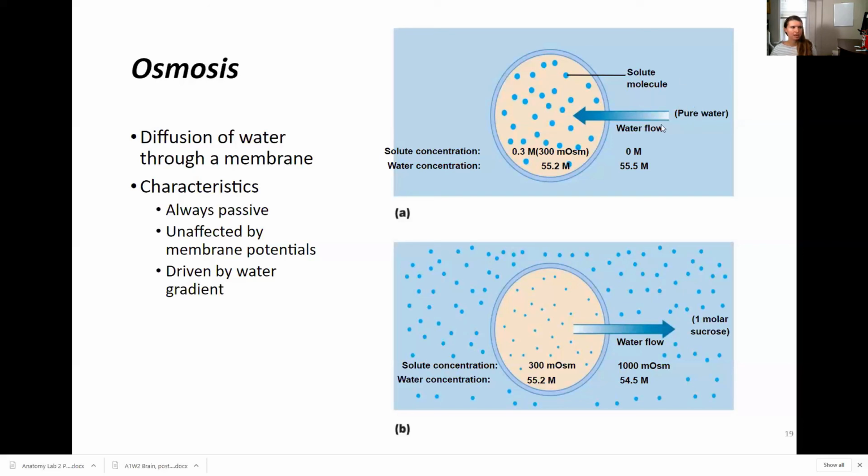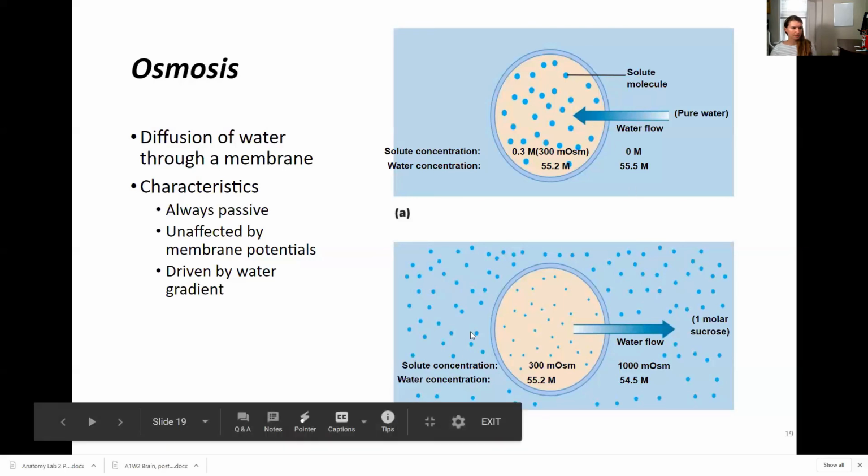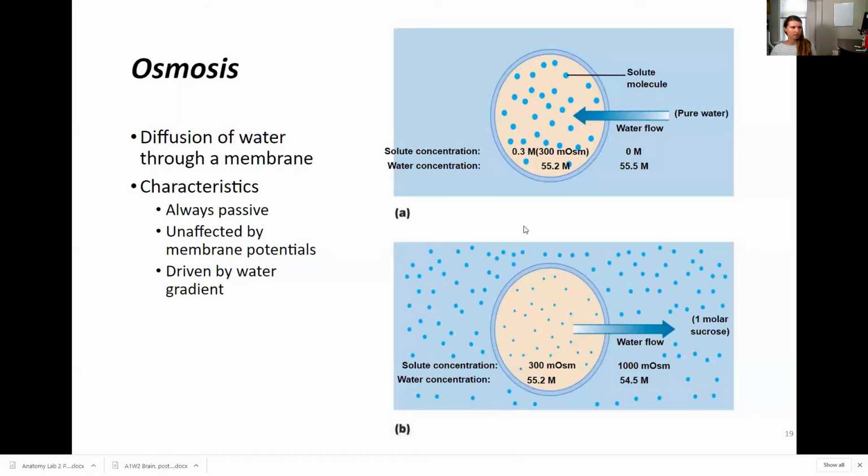So our water has a high concentration in the pure water outside the cell, but inside the cell, where we have these solutes dissolved, our water has a lower concentration. We'd see a high solute concentration but a lower water concentration, so we'd have water flowing into the cell. Here in part B, we see kind of the opposite. We see water flowing from an area of higher water concentration to an area of lower water concentration.